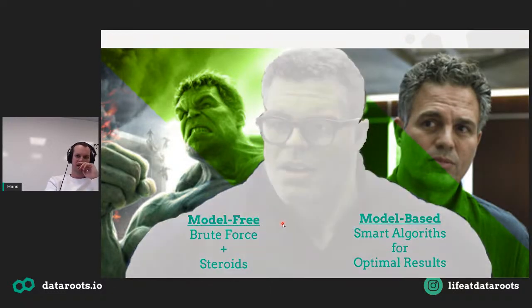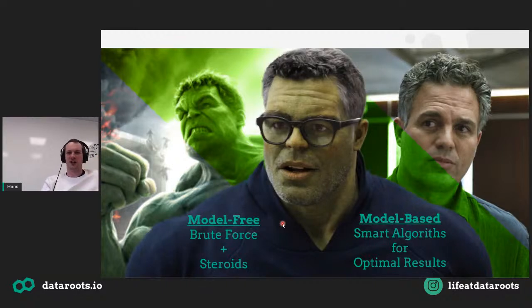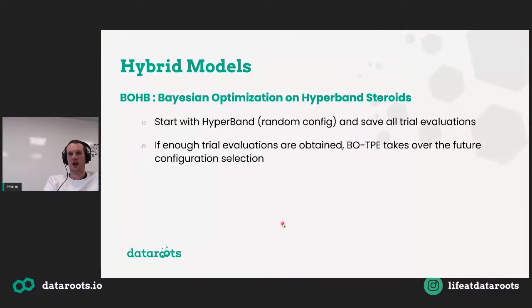What we're really looking for is, again, the combination of both, trying to combine the model-free brute force or steroids and put it in our smart algorithms, which gave rise to BOHB. BOHB is always our friend, which stands for Bayesian optimization on hyperband steroids.